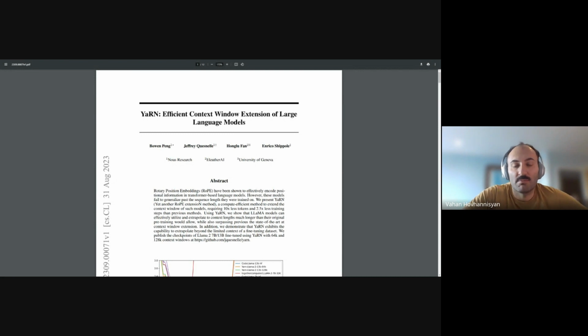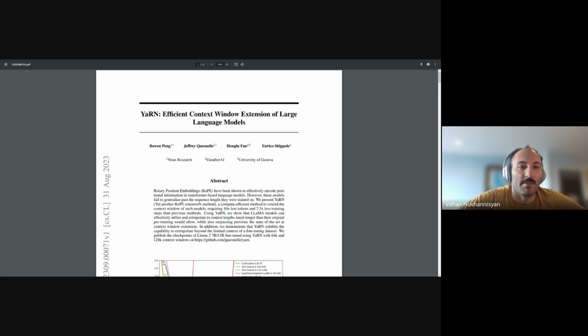Today we are going to speak about another paper. It's actually called Yet Another RoPE Extension, or YaRN. It's one of the many papers designed to extend context windows.